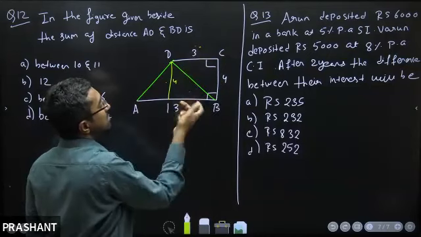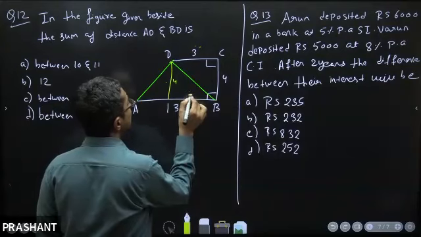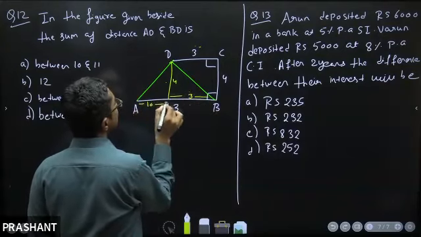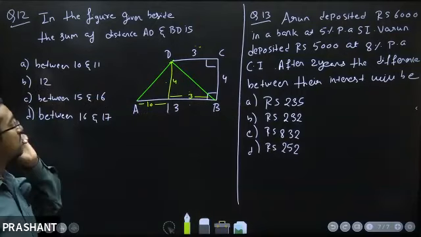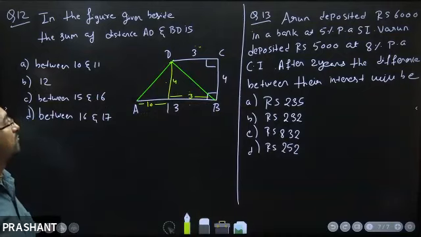So this is 3, so this is 3. This is a rectangle now, na? So this value will be 3. This much. So this value should be 10. Correct? Yes or no? Understood or not?